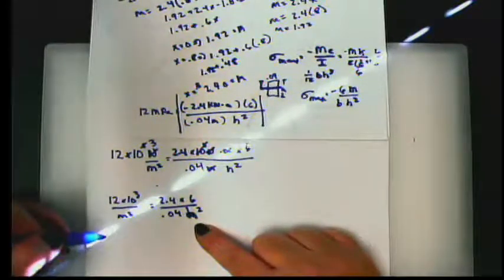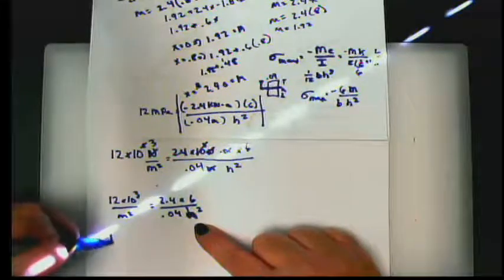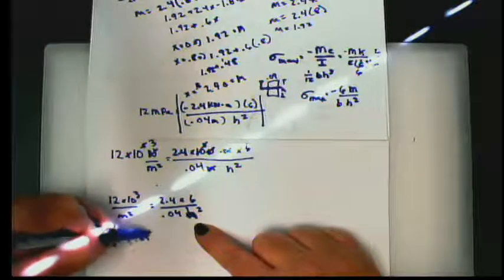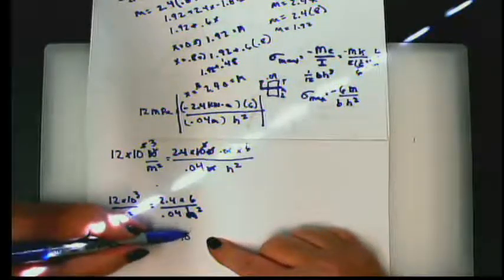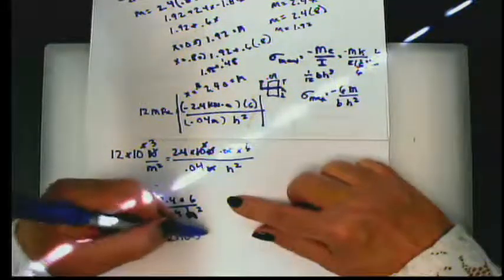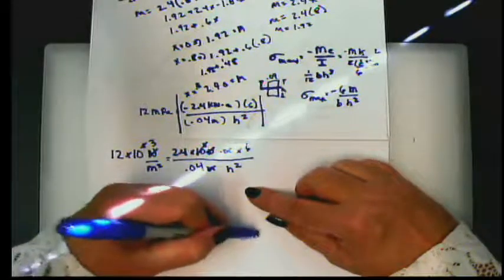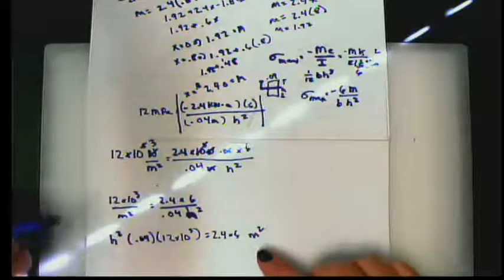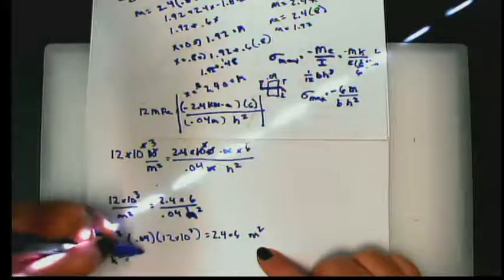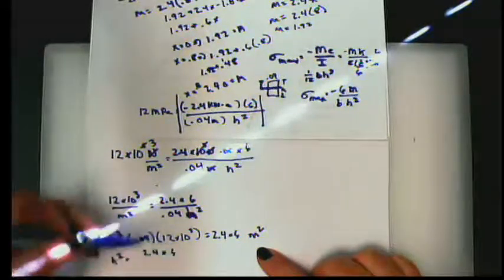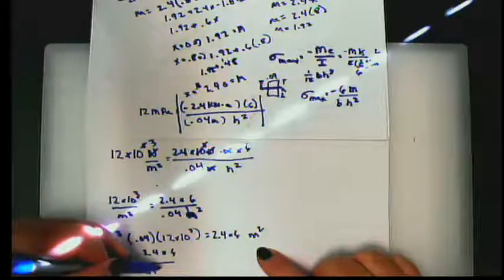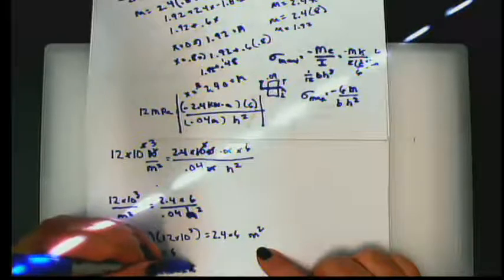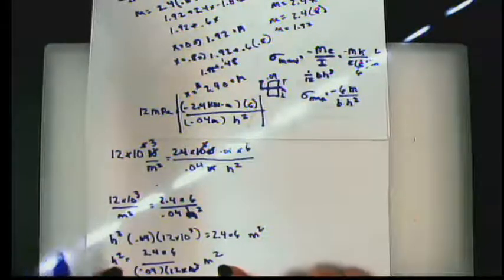Okay? So if I cross multiply, I get h squared times 0.04 times 12 times 10 to the 3rd equals meters squared times 2.4 times 6. Or h squared equals 2.4 times 6 over 0.04 times 12 times 10 to the 3rd meters squared.